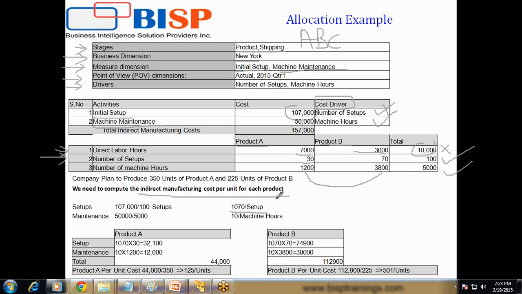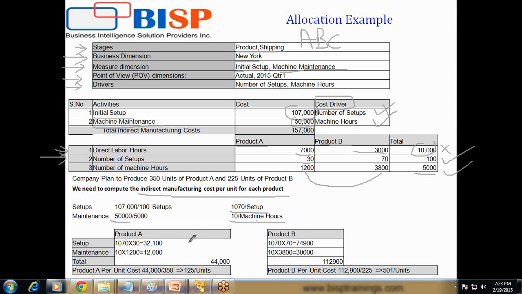Similarly, total machine maintenance cost is 50,000, divided by your cost driver 5,000, so $10 per machine hour. This is what we found.